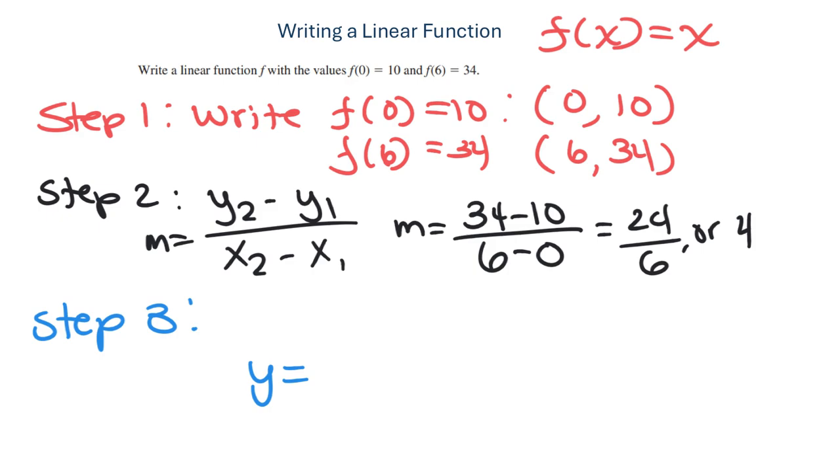Who's our slope here? 4x. And what's our y-intercept? So plus 10. Where do we get the plus 10 from? From our y-intercept over here, which is from our points, okay? That's our y-intercept. So that is going to be your what? Your answer.